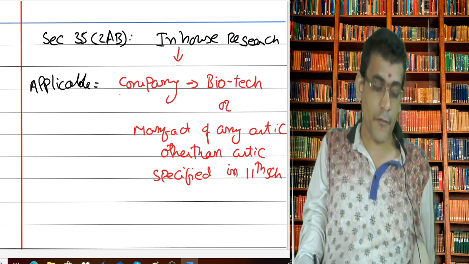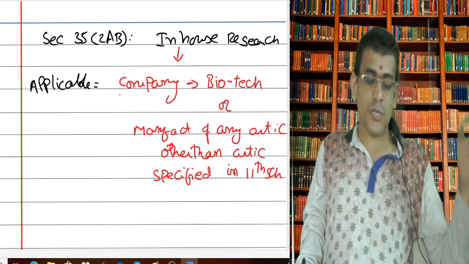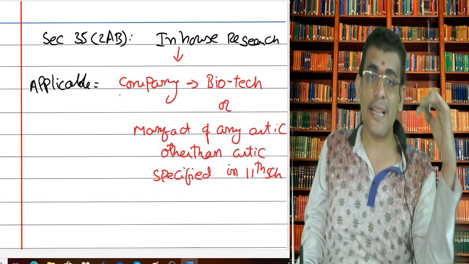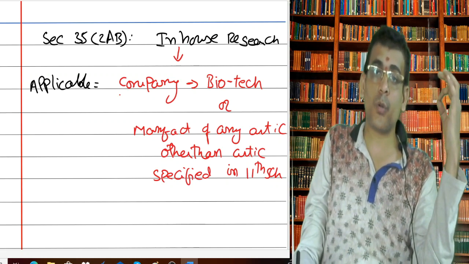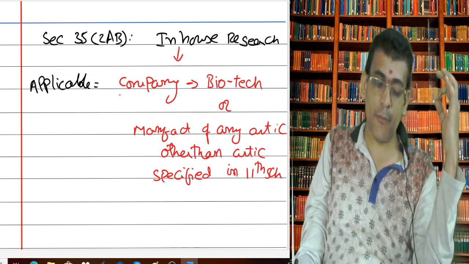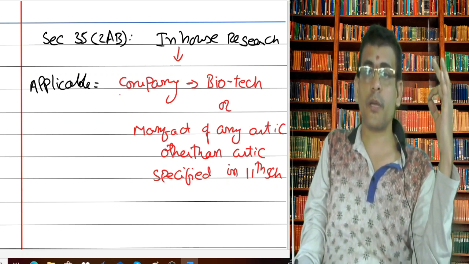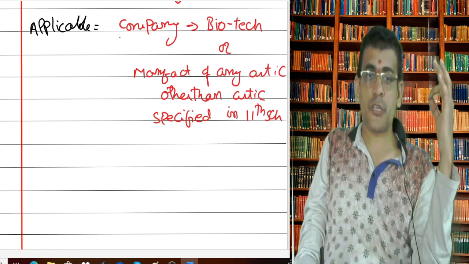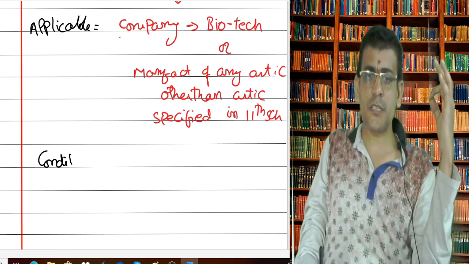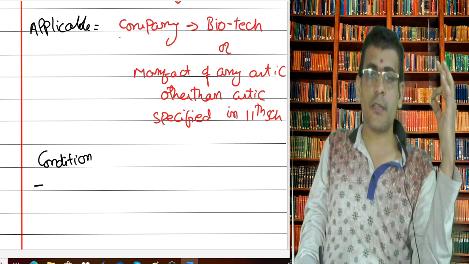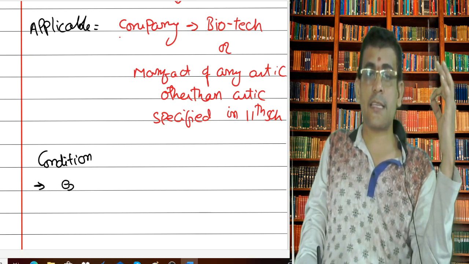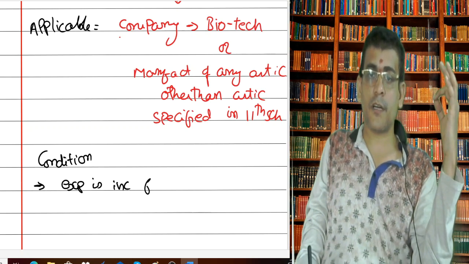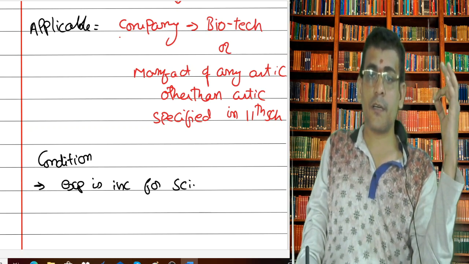Then if we move on to the next one, what sort of expenses you should be incurring, what sort of expenses are eligible for 35 2AB, and how much is the amount of deduction we need to take. Okay, applicability is for a company. Now conditions. The condition is that the act says expenses are incurred for scientific research.